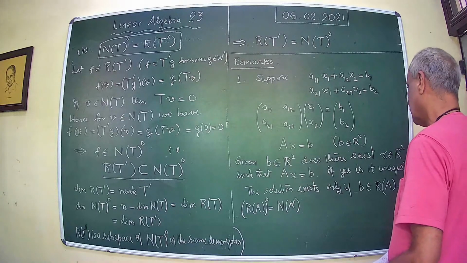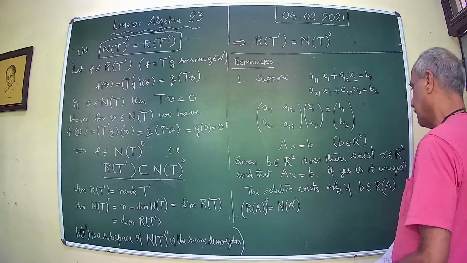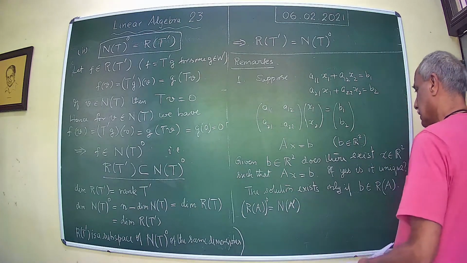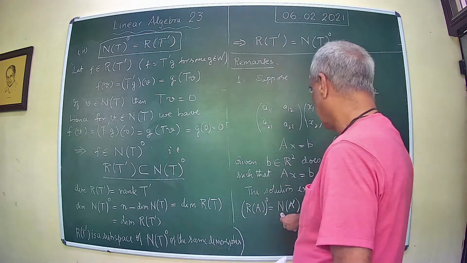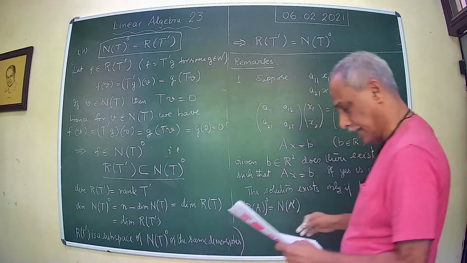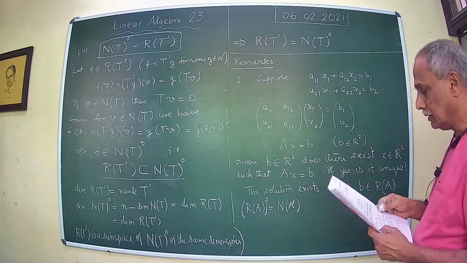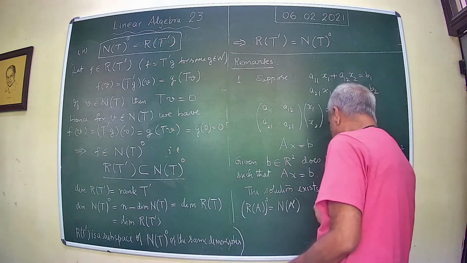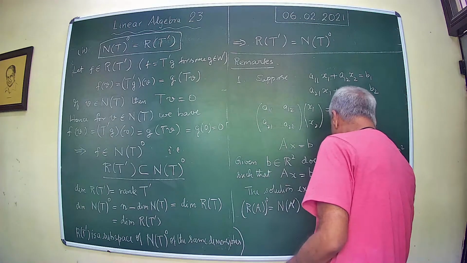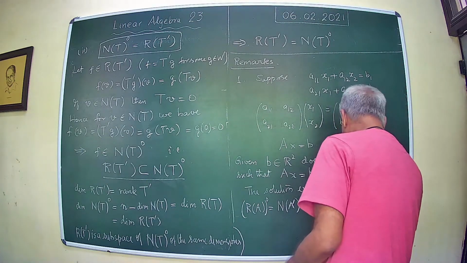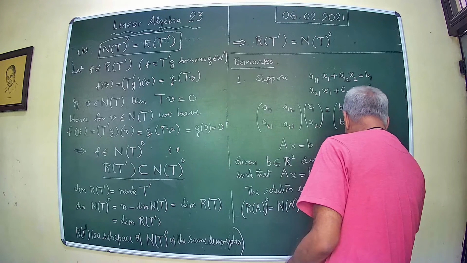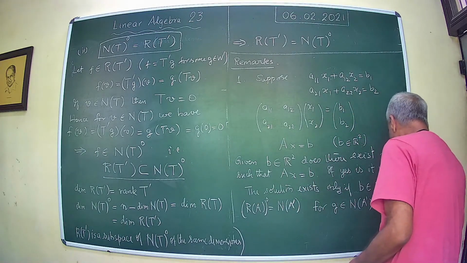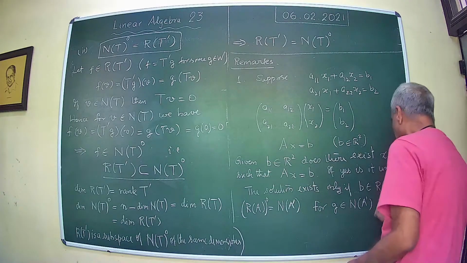Therefore, the range of A annihilated being equal to the null space of A prime, what you should have is that for G belonging to N A prime, we should have G of B equal to 0.